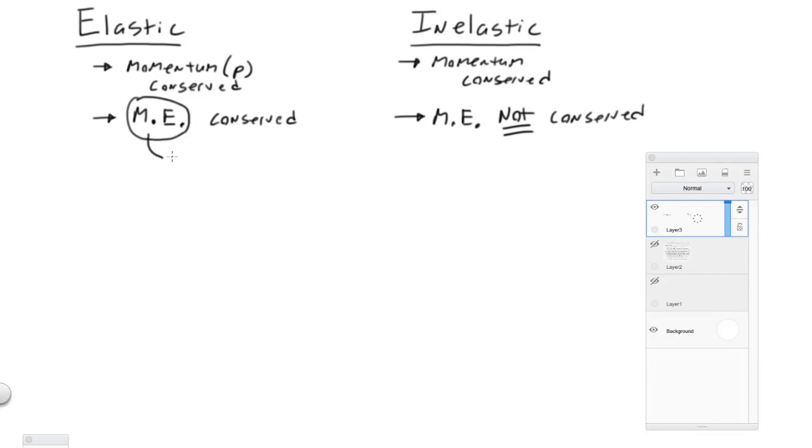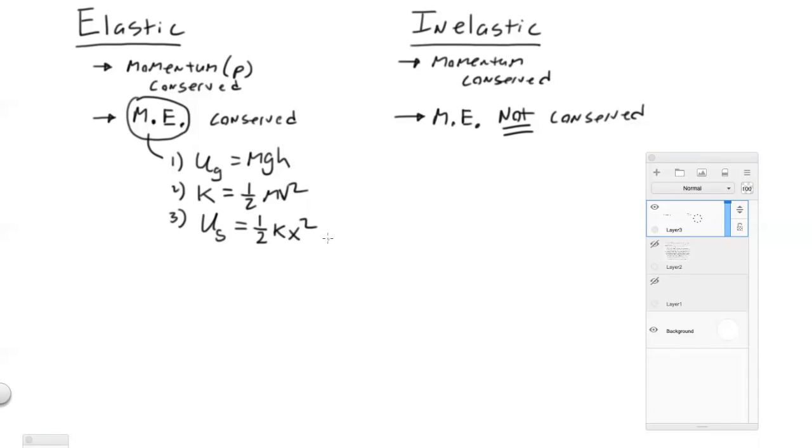There are 3 basic types that we looked at. We have potential of gravity, which is mgh. There's good old-fashioned kinetic, which is 1/2 mv squared. And then we looked at potential of spring. If you compress or stretch a spring, you can store energy, and that's 1/2 kx squared.